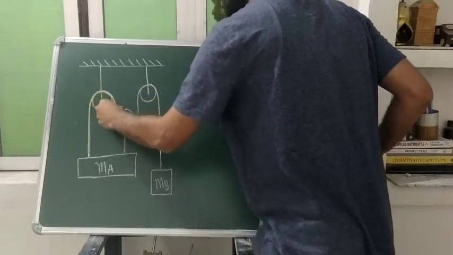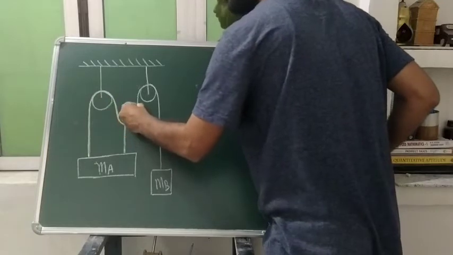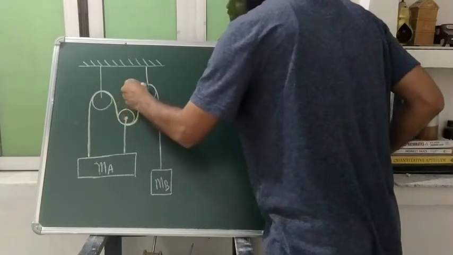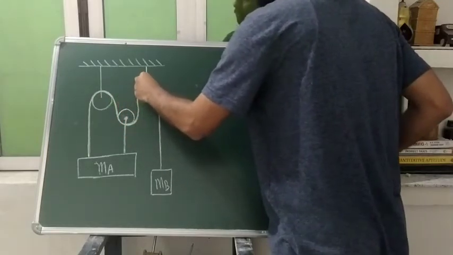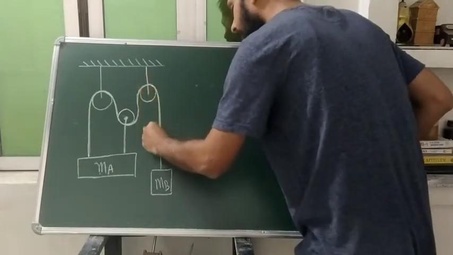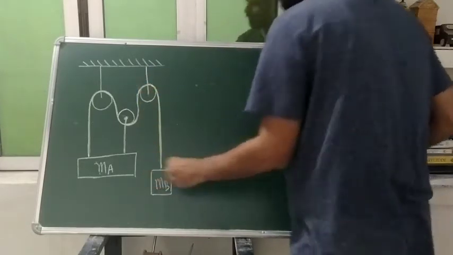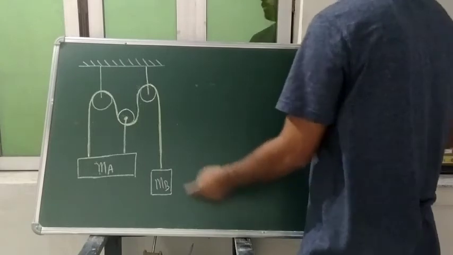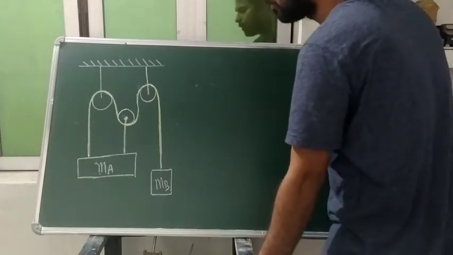and then after it is coming to the other pulley, and then it is going to one more pulley, and the other end is connected to the block of mass Mb.